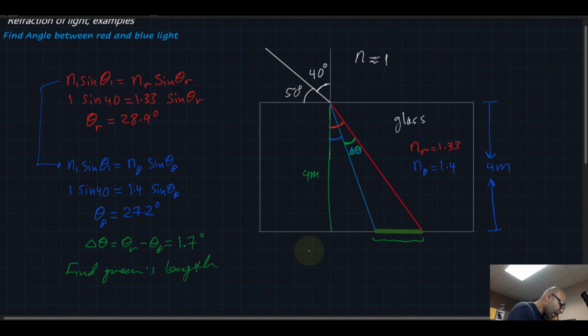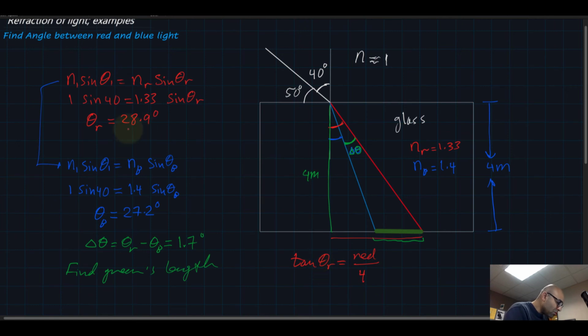So we can say tan theta r is equal to the opposite, which is the red one, so I'm going to call it the red, divided by the adjacent, which is 4. Now, you know what theta r is.